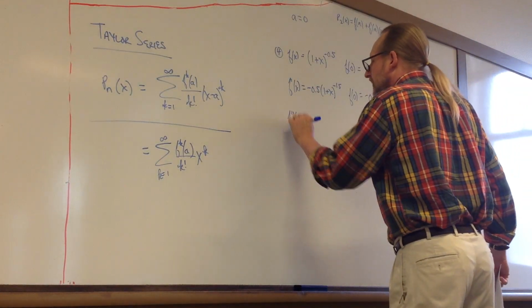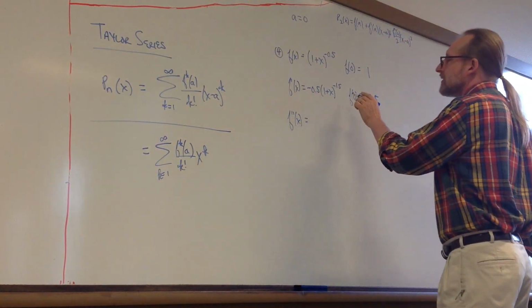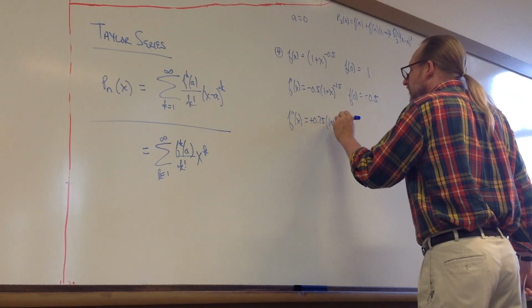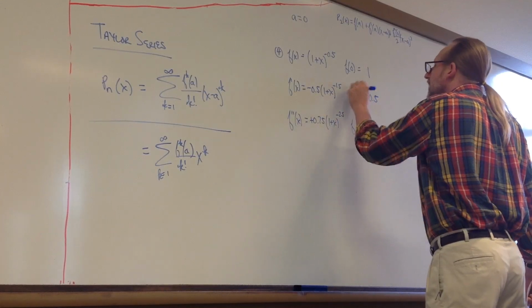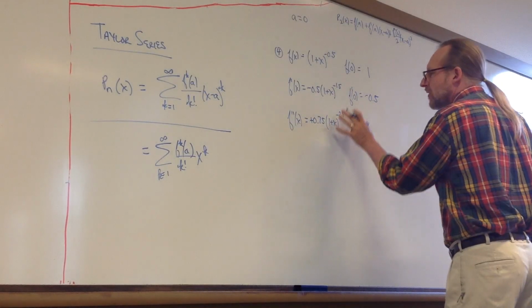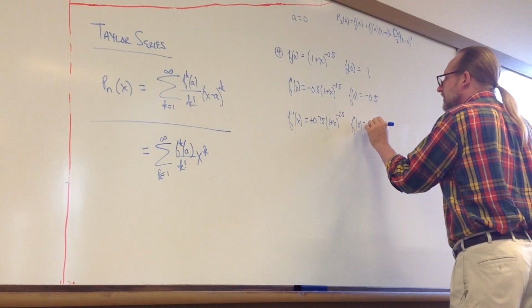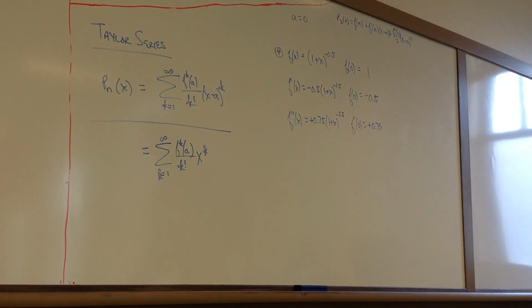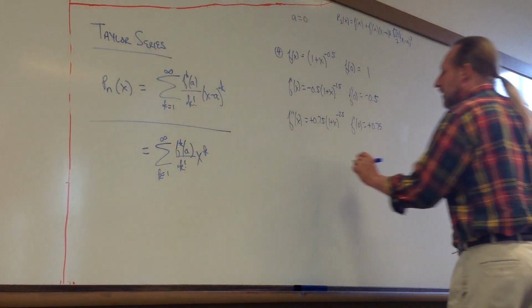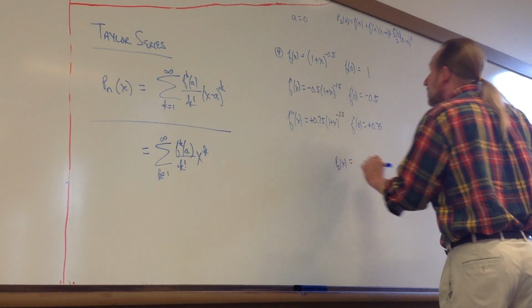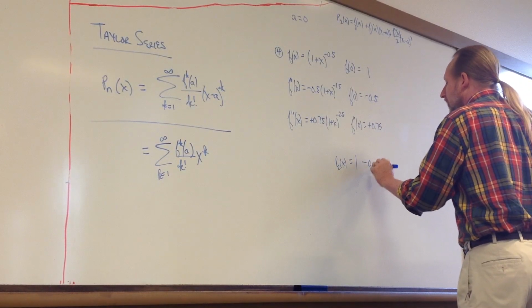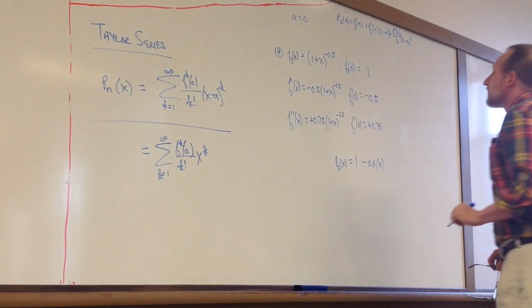And then our second derivative, f double prime, is going to be positive 3/4, 1 plus x to the negative 2.5. So f double prime at 0, again this will be 1 here, and we'll just have a positive 3/4 for our coefficient. Now our P2 of x is going to be 1, f of a, minus 1/2 x to the first power.